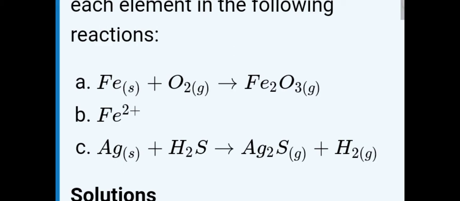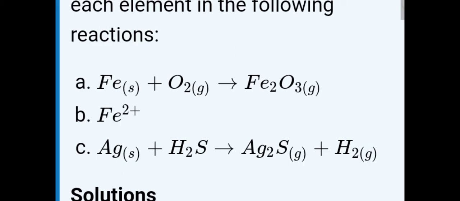Iron is in atomic form and oxygen is in molecular form, so both have 0 charge. But in Fe2O3, Fe has +3, and this is in cross form, so 3 is the charge of iron and 2 is the charge of oxygen. So this is the oxidation state.